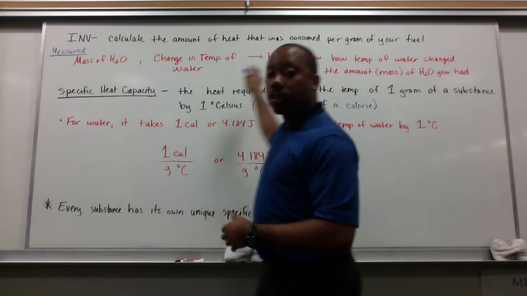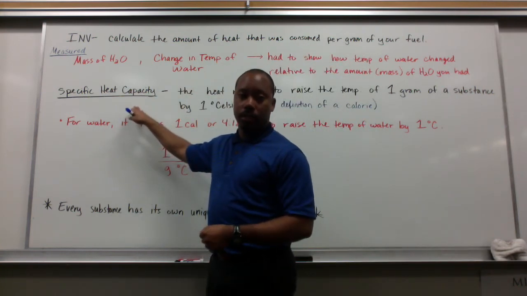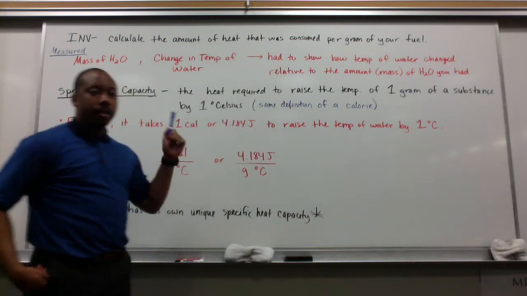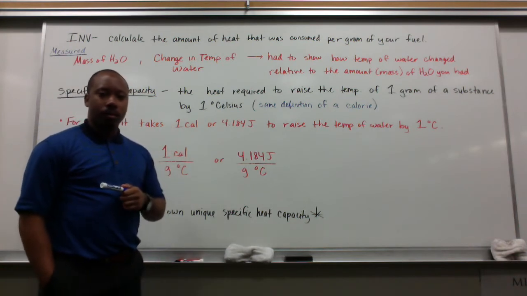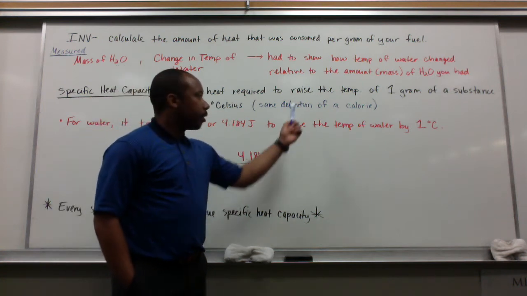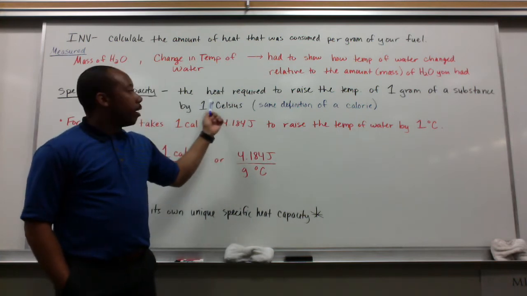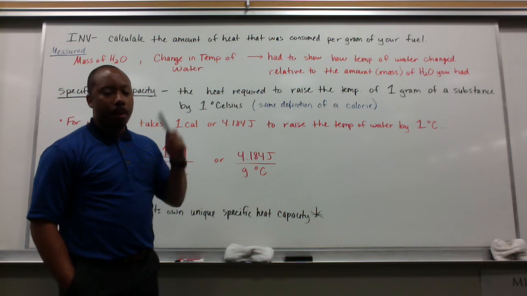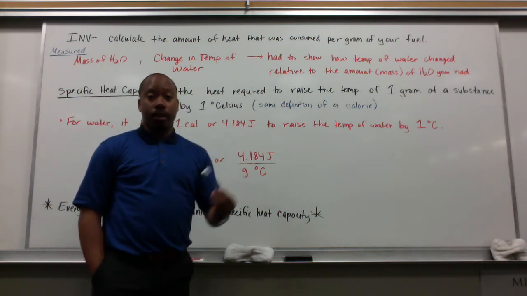And you can show this relationship with something called the specific heat capacity. Now, specific heat capacity is the heat required to raise the temperature of 1 gram of a substance by 1 degree Celsius. Well, that sounds exactly what we just said in the last board, right? It's the same definition of a calorie. Now, in this experiment, we were using water as our substance.